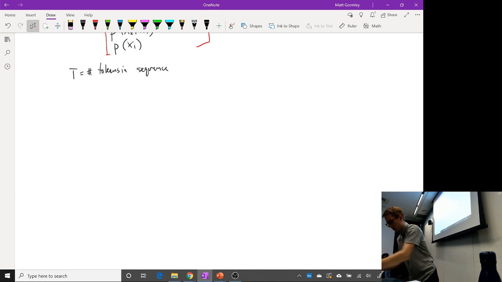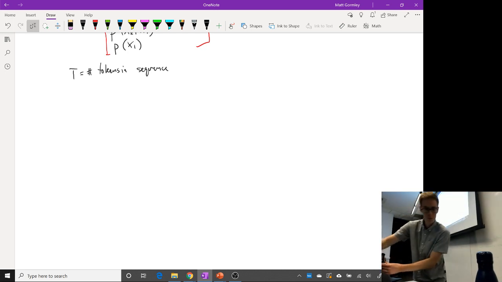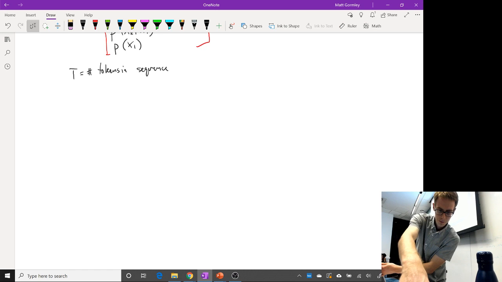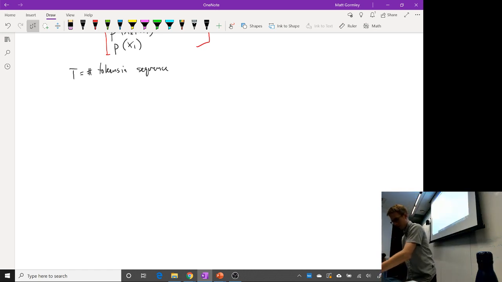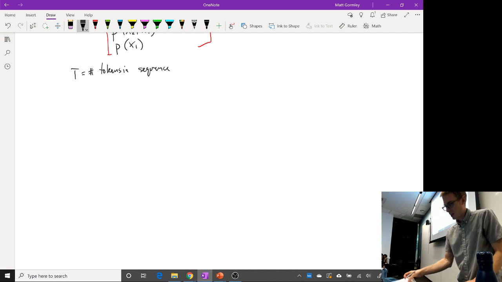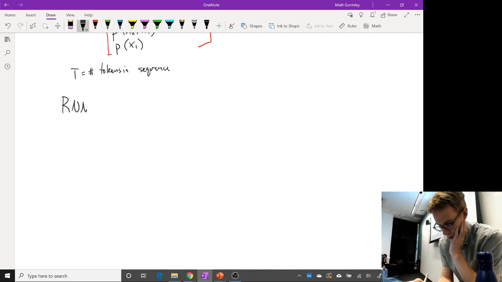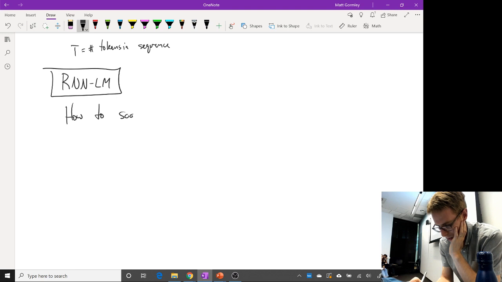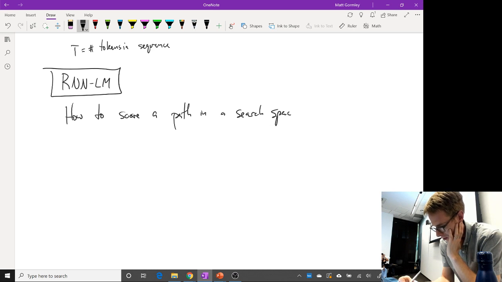Okay, if we want to think about an RNN-LM, then it's useful to see how to score a path in a search space.